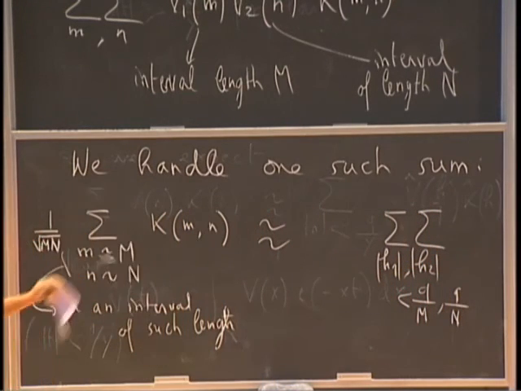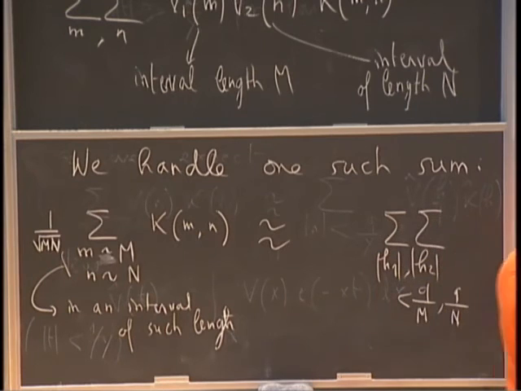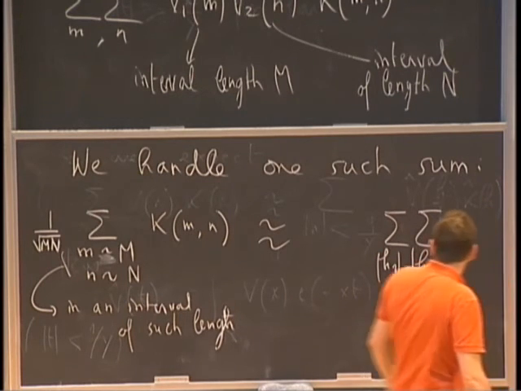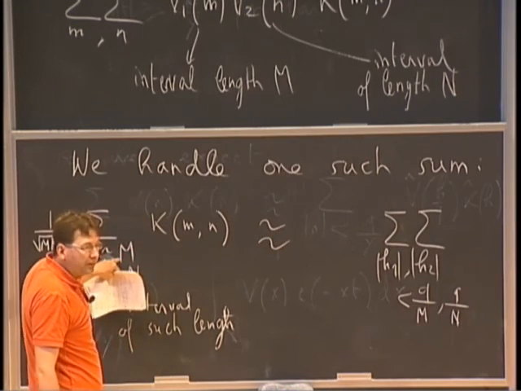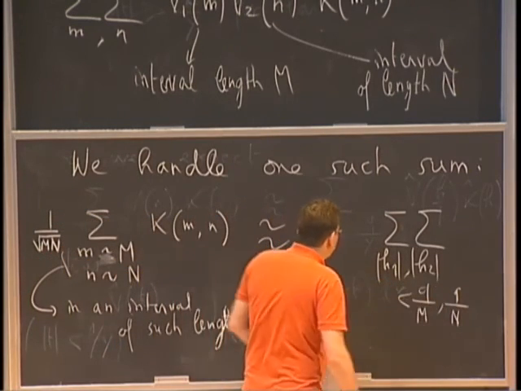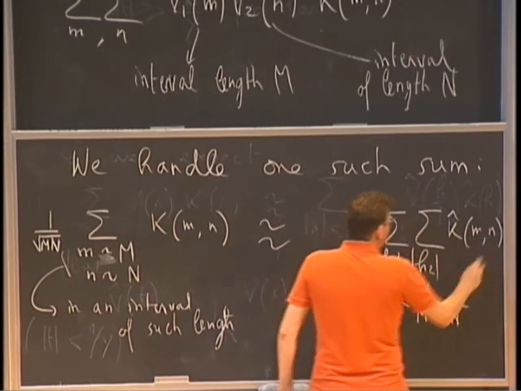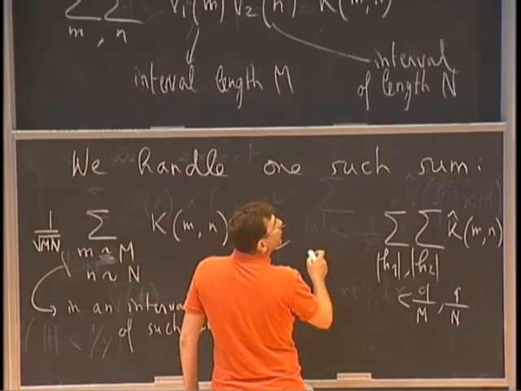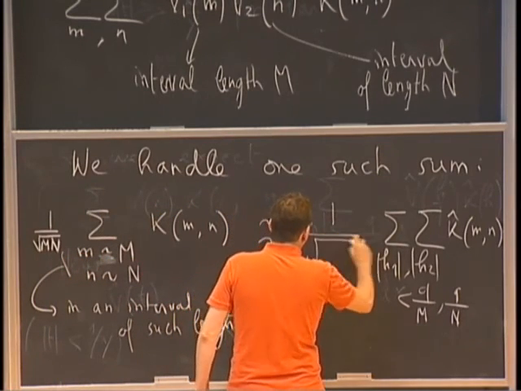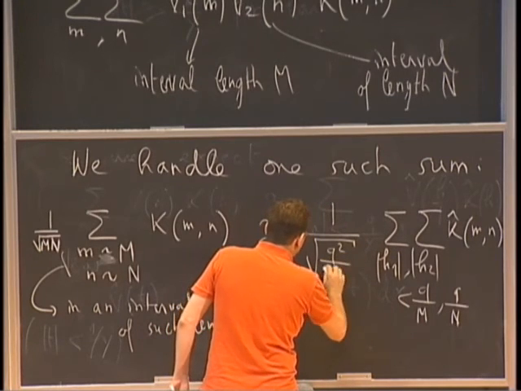So I did the case k equals 1, but because my variables are independent, I can afford to do it in a similar way, even with two variables. So h1 is up to q over m because m is an interval of length m, q over n for h2. Then I have the Fourier transform of k, which I will compute in a second. And then I have to normalize by 1 over the square root of the product of the new lengths, which will be q squared over mn.